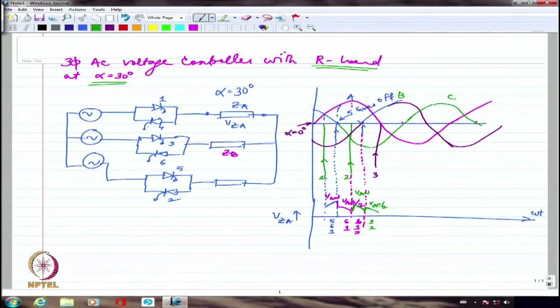I hope you understand. When I fire 3, still for 30 degrees, I will have 1, 2 and 3. So 3 is fired here. 3 is fired at this point. So I am going to have in all probability 1, 2, 3 conducting. Right? Is 3 fired there? Have I made a mistake?